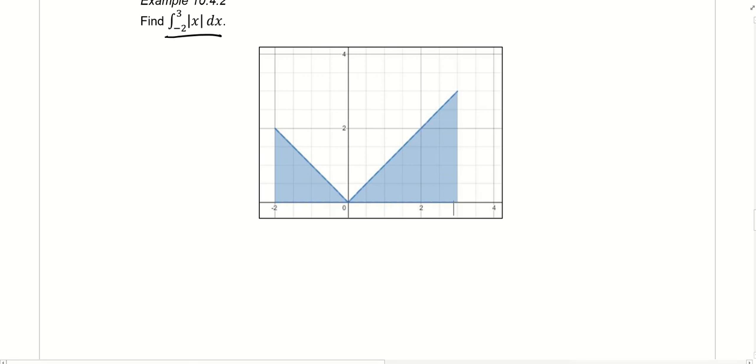So I'm going to take these 2 pieces and notice that they both look like triangles.